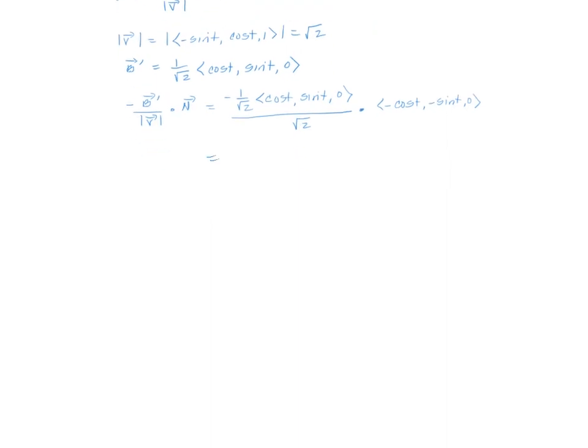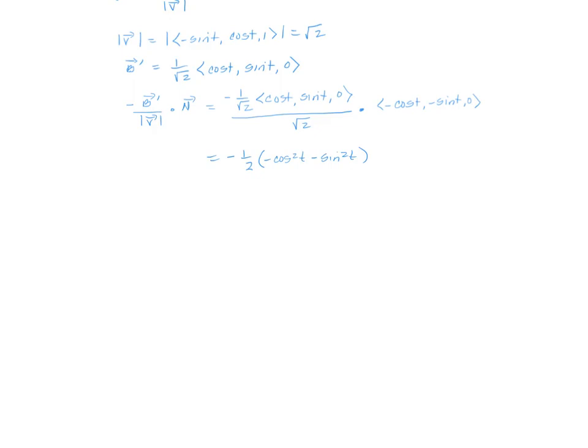This will be equal to negative 1 square root of 2 divided by square root of 2, that's negative 1/2. And then the dot product of these two vectors would be negative cosine squared minus sine squared, and then plus 0.